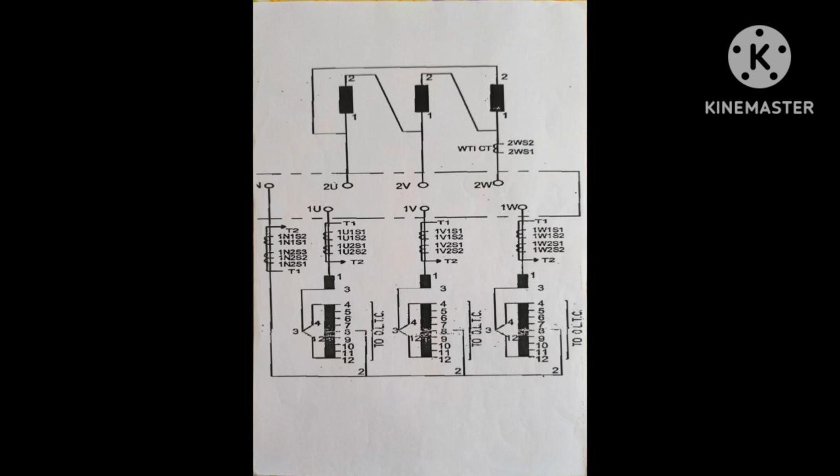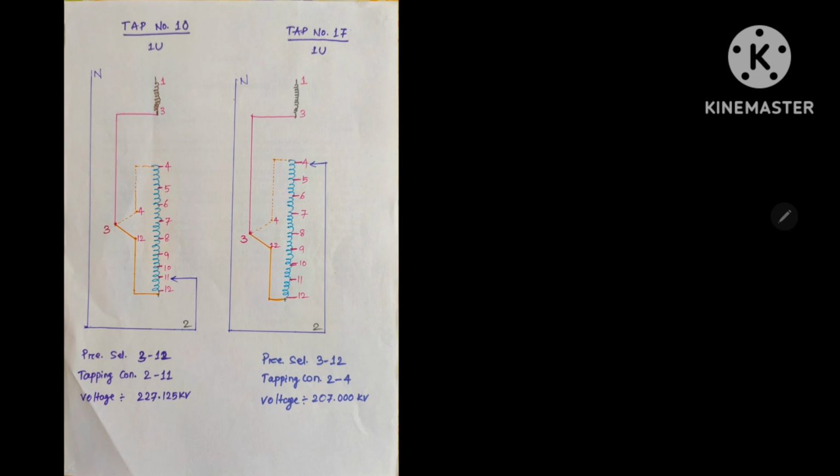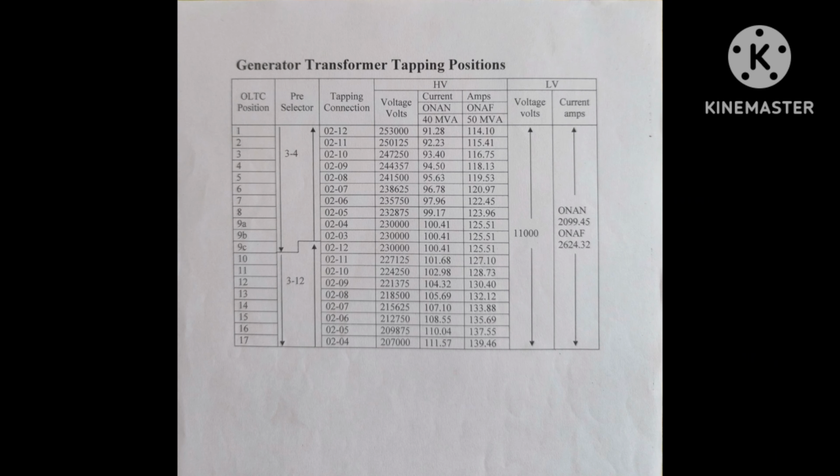So additionally, we are not adding any winding externally, only the connection is changing here. This 3 to 4 and 3 to 12 is the changing point where the winding connection will be reversed. Here you can see a tapping chart. Here the total tap position is 1 to 17.